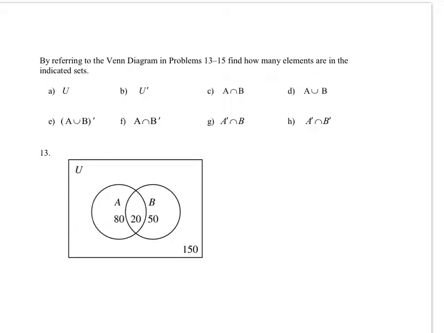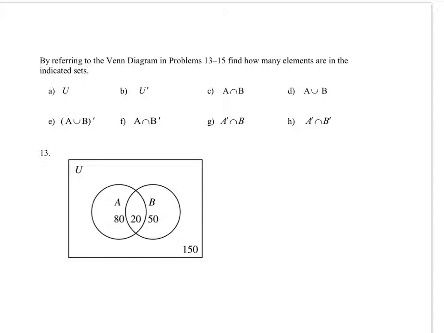Okay, we are given a diagram and we're going to find how many elements are in the indicated sets. Now if you look at 13, here's what you see. You have this big rectangle that has a U up in the corner. So everything inside the rectangle is your universal set. That's what you're looking at, okay? And inside that rectangle, you see 2 circles.